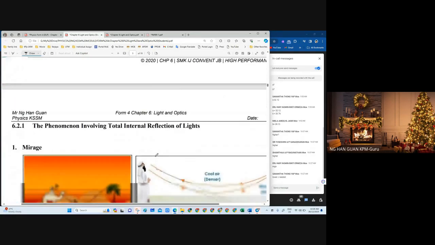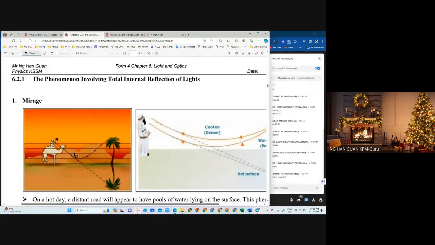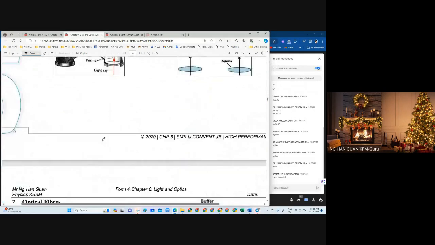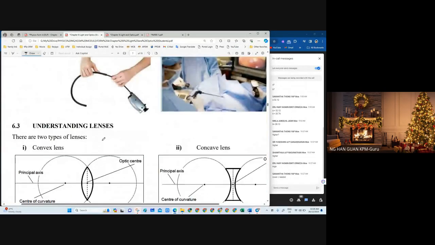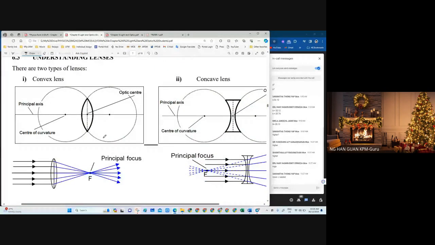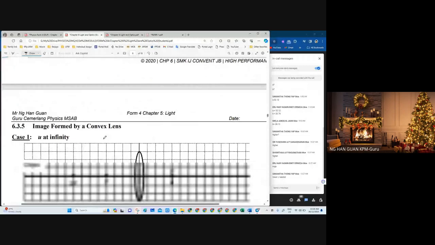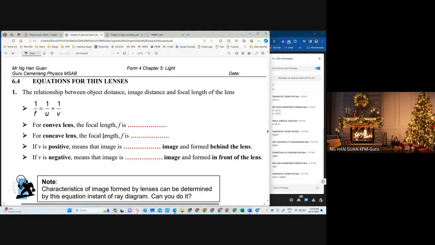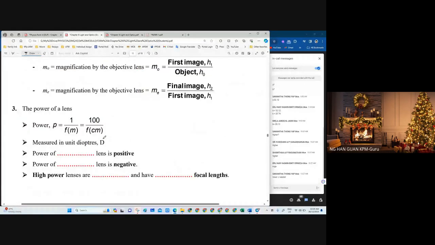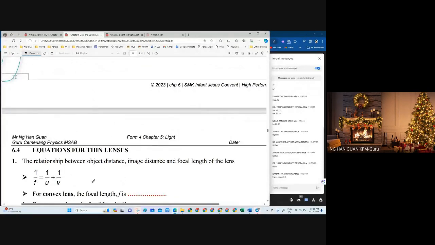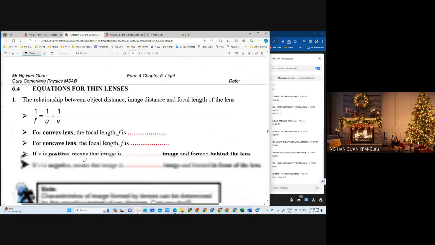After this, we only have left the phenomena or the application of total internal reflection. Then we finish these subtopics, so the next class can focus on the lenses. 6.3 and 6.4, I don't know why I divided another subtopic 6.4, because for me 6.4 should be part of 6.3. Anyway, these two will be covered together, because 6.4 is just a specific focus on the formula.